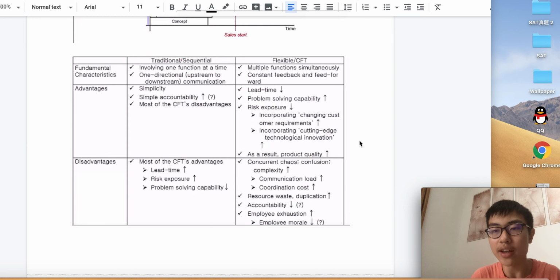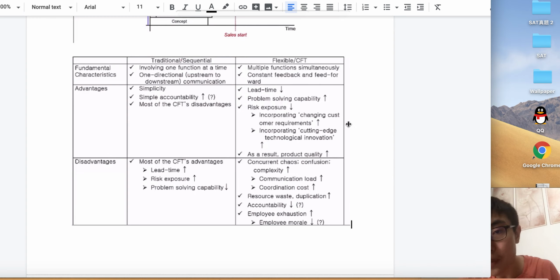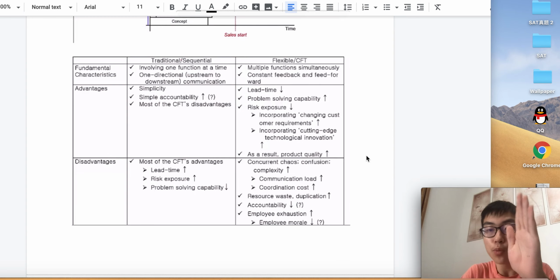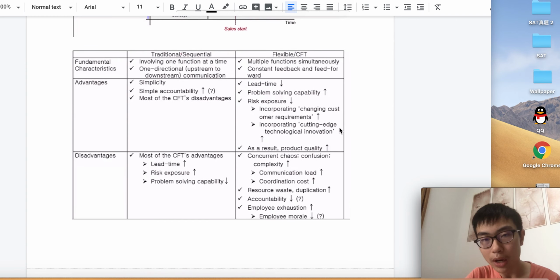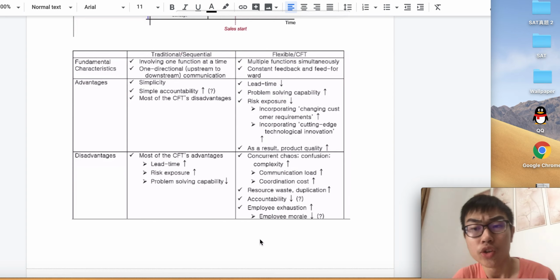On the other hand, in our flexible CFT approach, we have multiple functions working simultaneously. So there's constant feedback, and upstream and downstream communications are both present in our flexible approach. Now by looking at this graph, I've actually listed more disadvantages for CFT, but that doesn't mean CFT is not as good as the traditional approach.